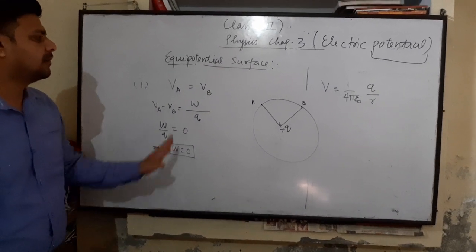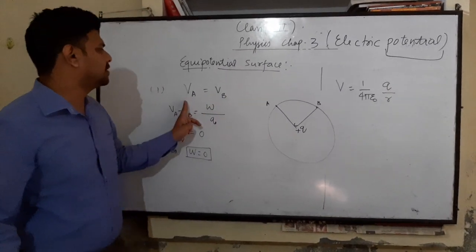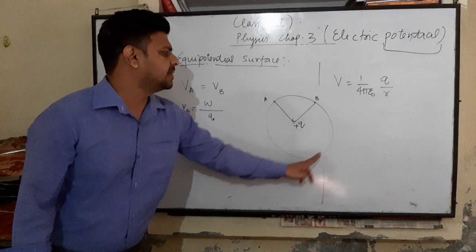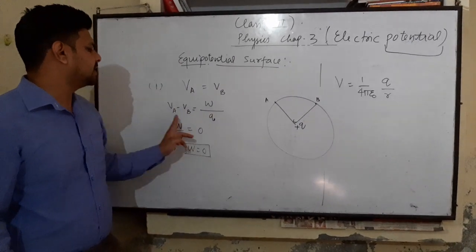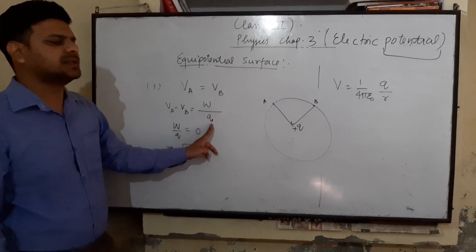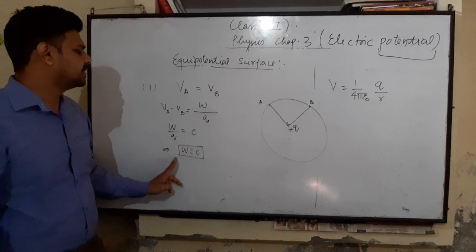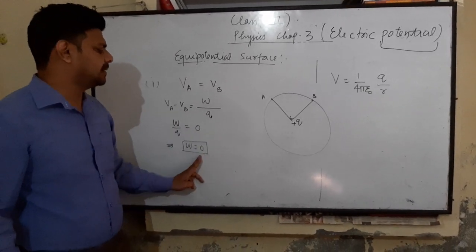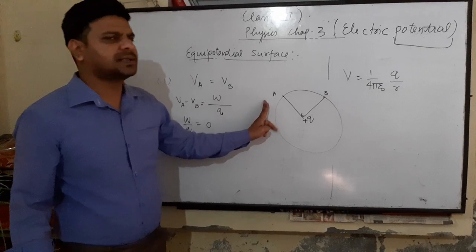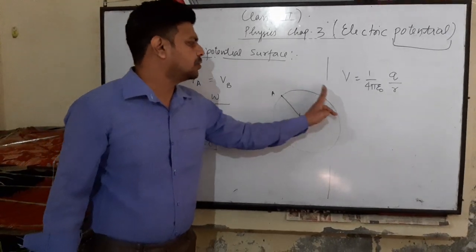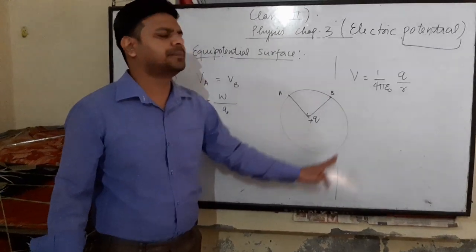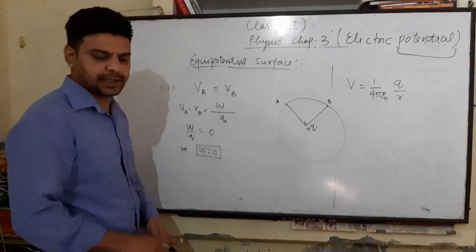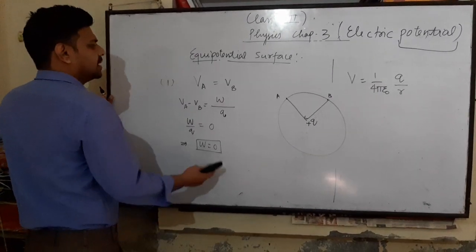Always remember, for an equipotential surface, the potential at every point will be the same. So by the definition of potential difference, no work is done in moving a charge over an equipotential surface between 2 points. This is one important result.